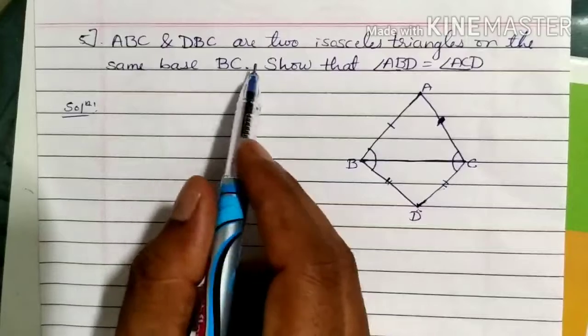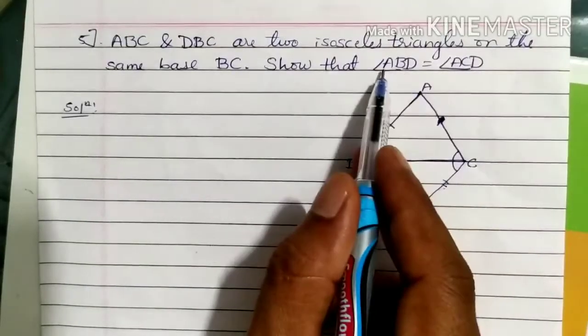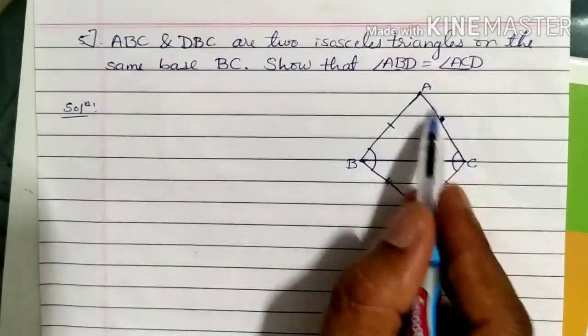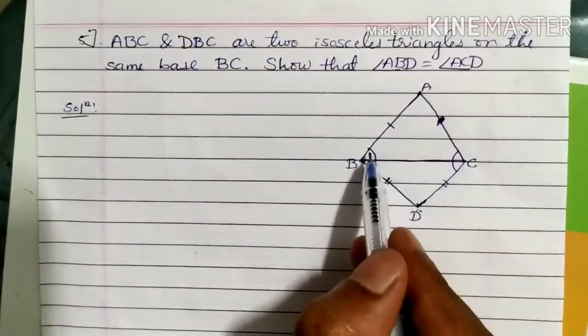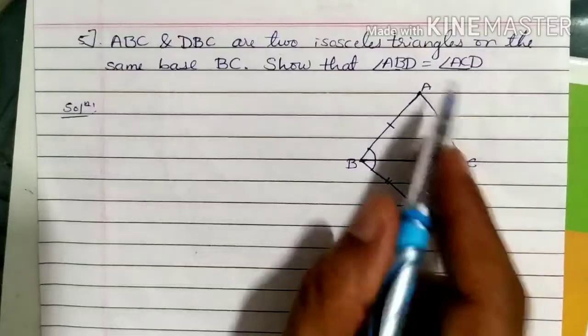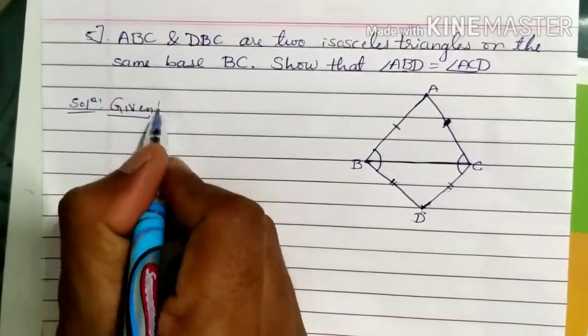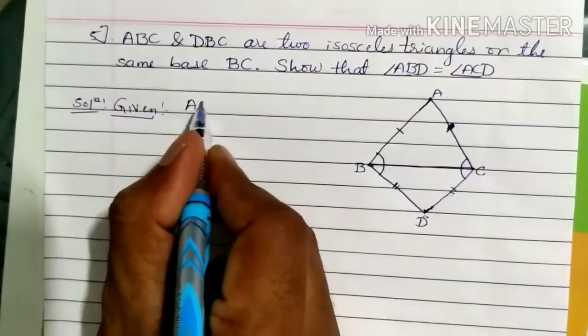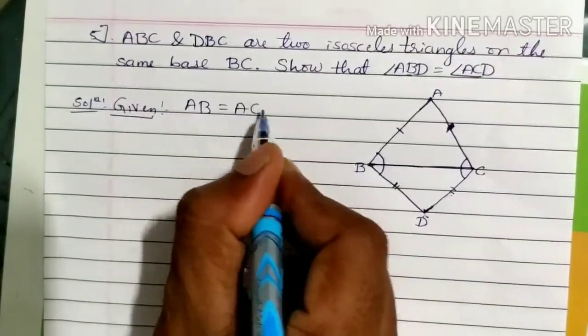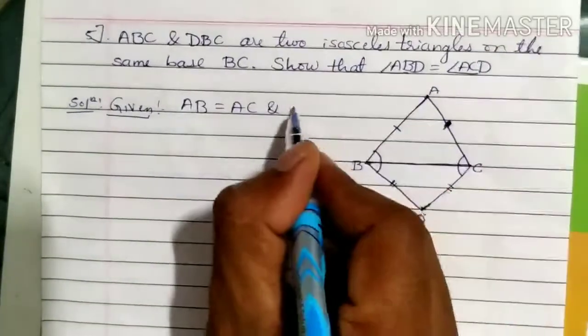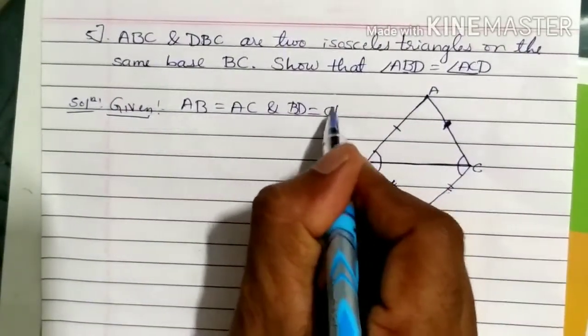So what do we have to prove? Show that angle ABD is equal to ACD. We have to show that these two angles are equal. So we'll write the given things. What is given? AB is equal to AC and BD is equal to CD.